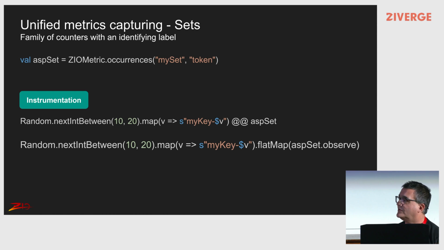The token in here would be the location, and the value of the token would be where we have forked a particular fiber. So it would build up a set of counters so that we can see exactly how often we forked a fiber from these places in our code.